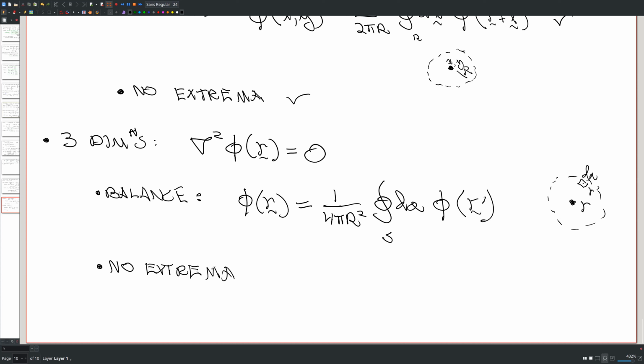In the online notes, I give you 2 proofs of this balance theorem. I give you a physicist's proof and a really formal proof. I invite you to look at these because they're enlightening mathematically, but also physically, because there's a physical consequence to that, which is called Earnshaw's theorem.